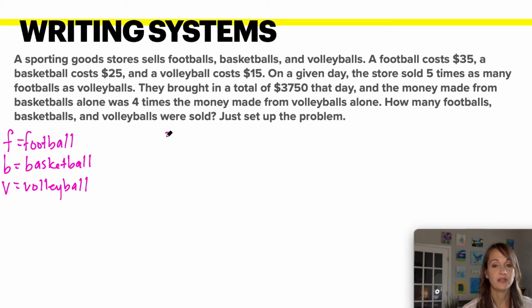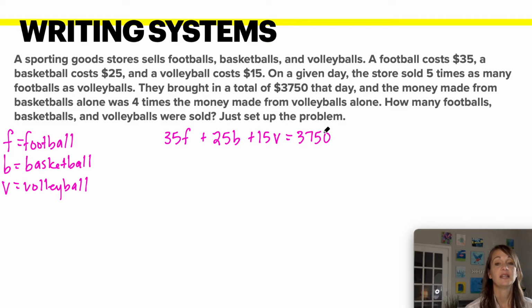I know that the cost of a football is $35, plus the cost of a basketball is $25, plus the cost of a volleyball is $15, and that's going to bring in $3,750. On a given day, the store sold 5 times as many footballs as volleyballs. So the number of footballs is 5 times the number of volleyballs.